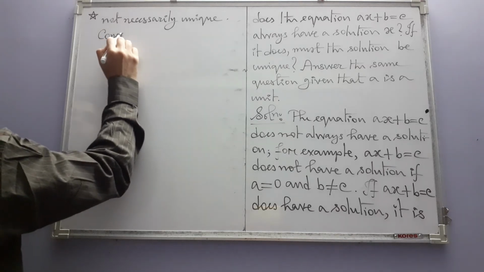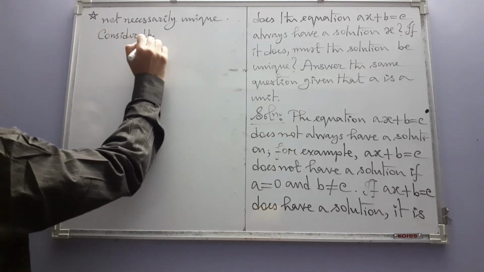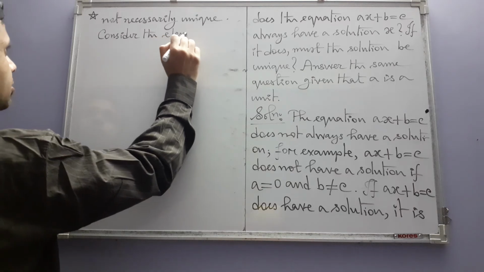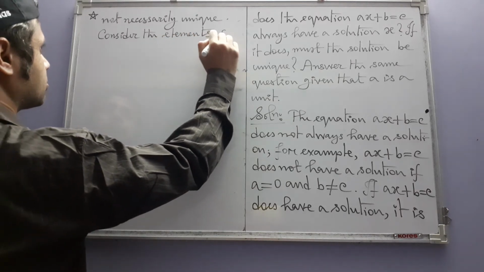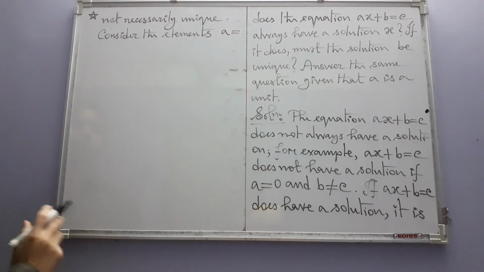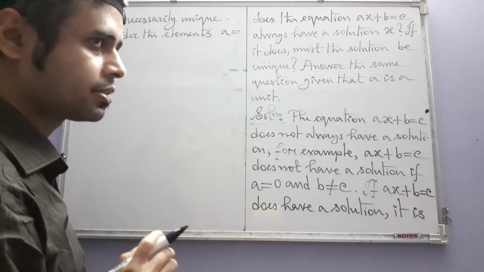Consider the elements a equal to, now we are going to consider matrix ring.